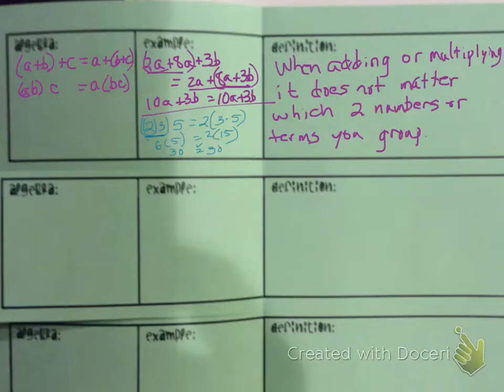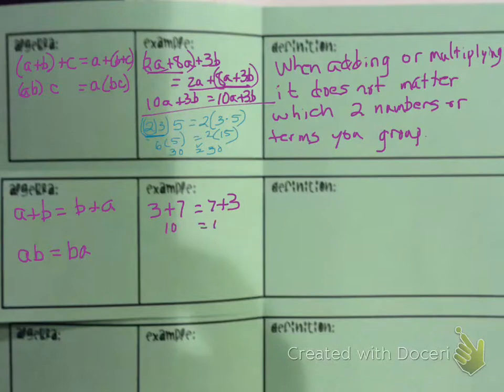All right. Then the next one after associative property is the commutative property. For the commutative property, we have it also for addition and for multiplication. For addition, it's just telling me that A plus B is the same thing as B plus A. Okay? And if I'm doing multiplication, A times B is the same thing as B times A. So for example, 3 plus 7 is the same thing as 7 plus 3.